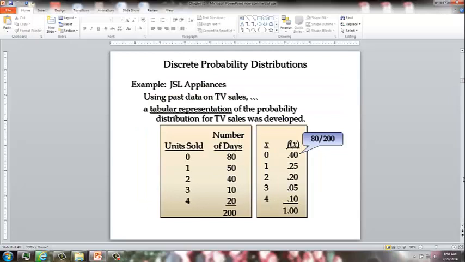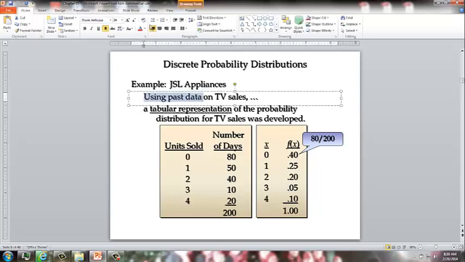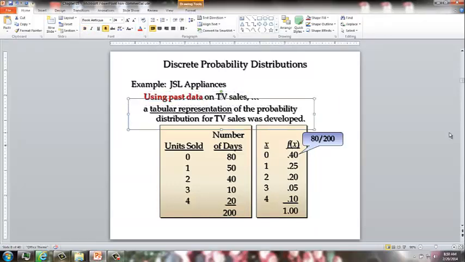Let's look at the appliance store example again. So, note this, using past data on TV sales, this is what we observe as the probability distribution of the number of units sold. You will see in 80 of the past 200 days, no units were sold. In 10 of the past 200 days, 3 units were sold.